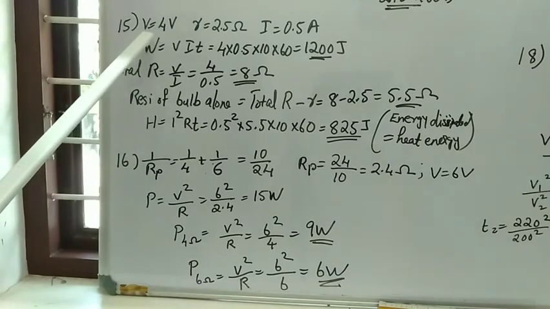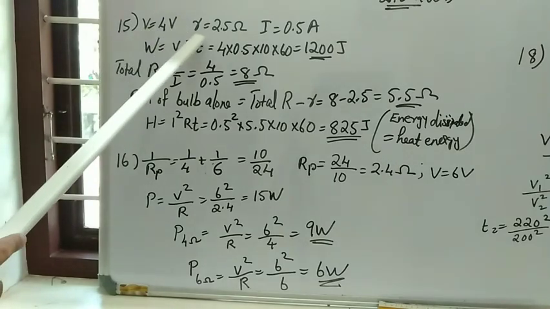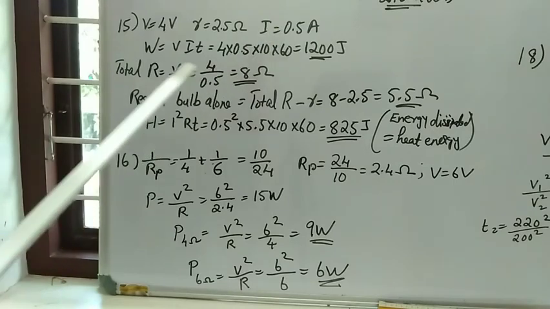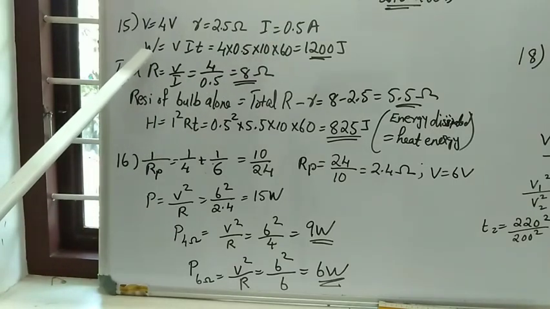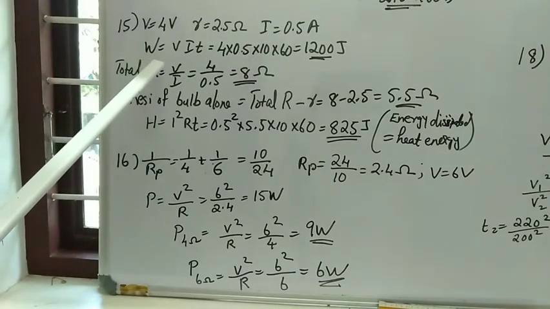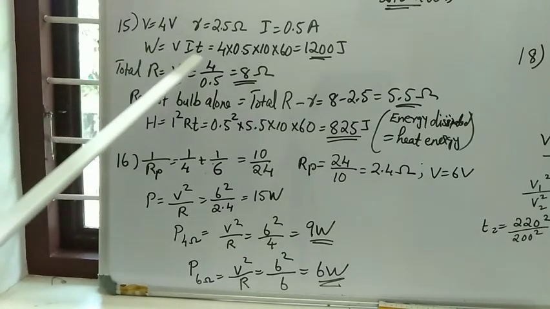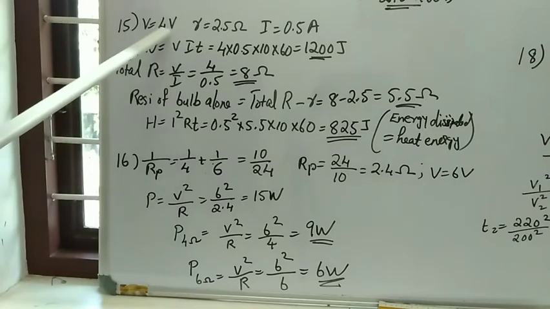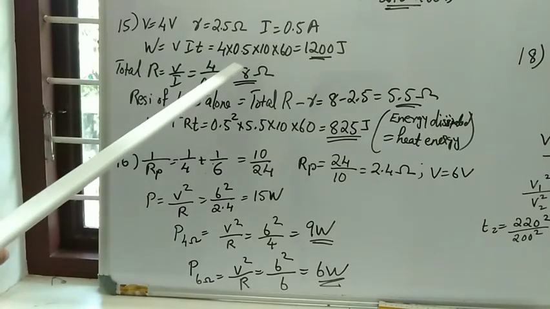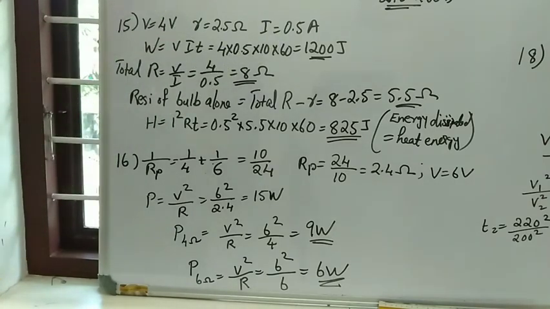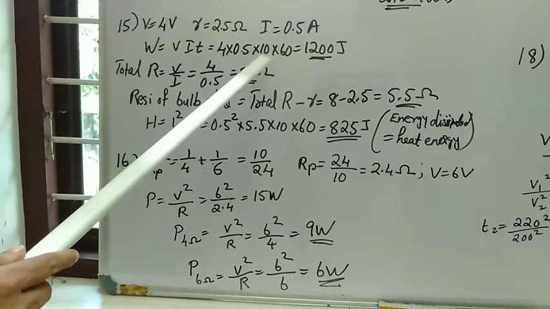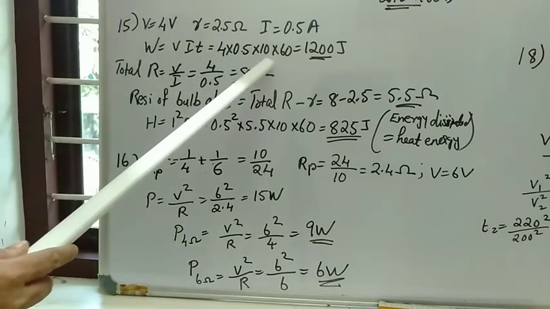So here we have voltage, internal resistance and current. We have to find the work done or the total energy. So work done or energy is equal to VIT. Voltage into current, I is current, and time is given as 10 minutes. Since it is minutes, we have to convert to seconds.